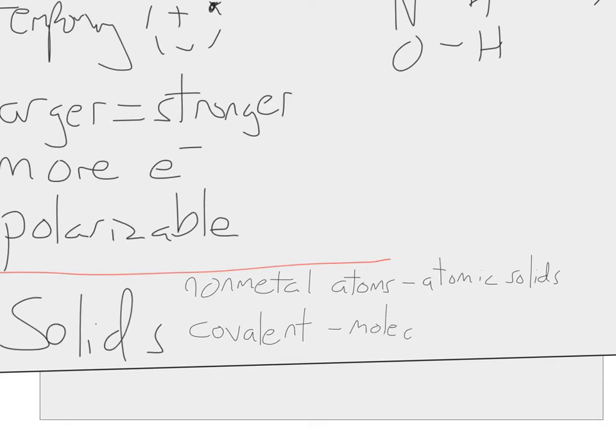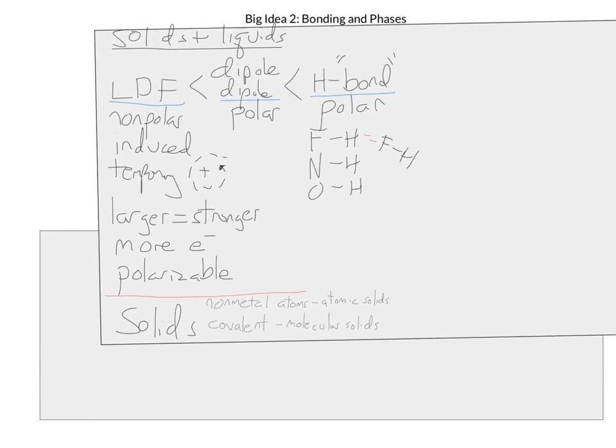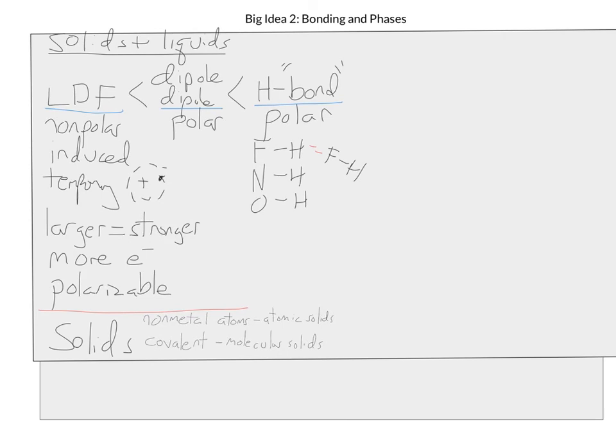So we're parsing words a little bit, but the molecules will have maybe London dispersion forces holding them together, but they themselves are called molecular solids. So sometimes those words are going to come up. Atomic and molecular solids. And that is our covalent category.